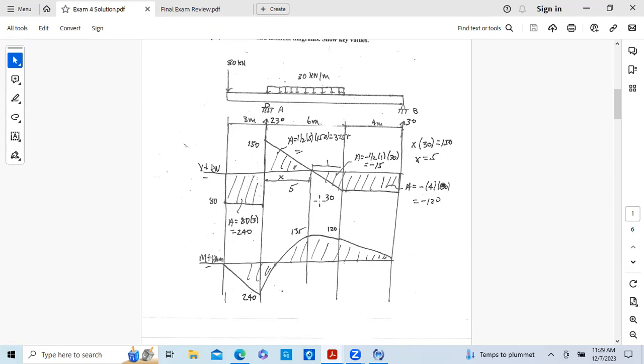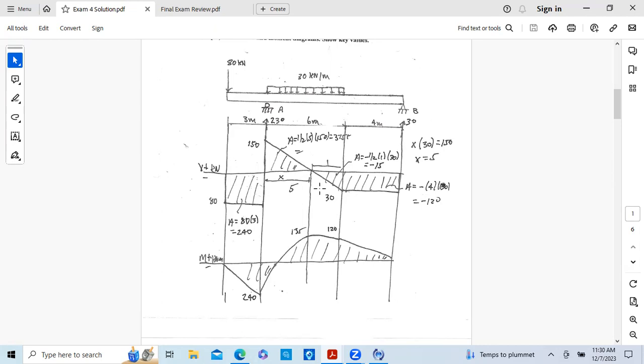What we learned is that these areas in shear create our moment values down here. And we just simply have to calculate these areas.